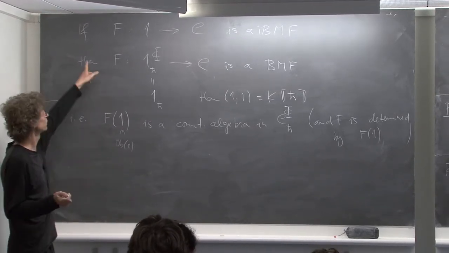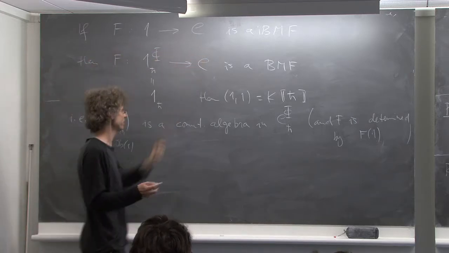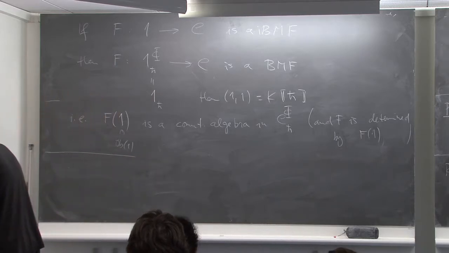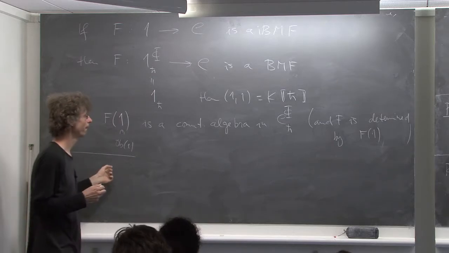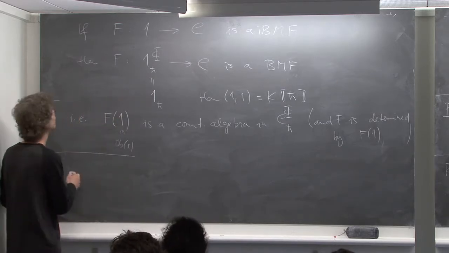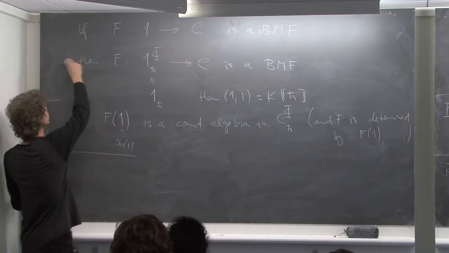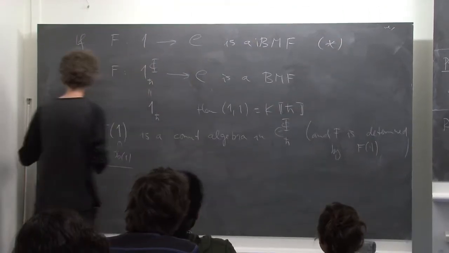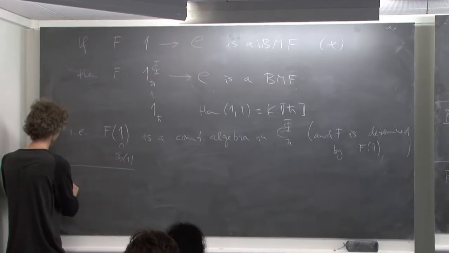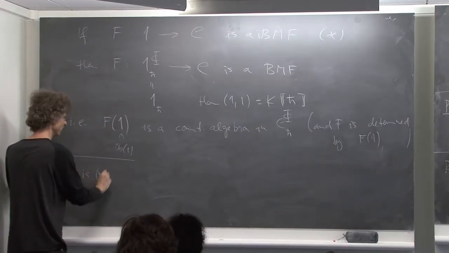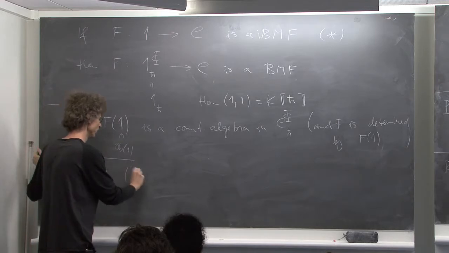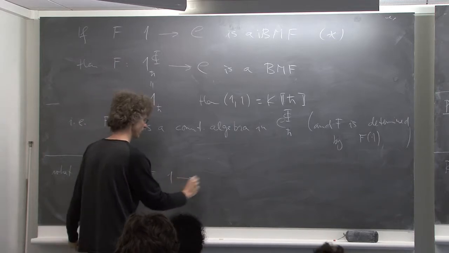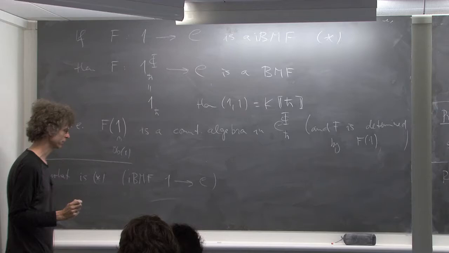So to that, we should understand what these things are. What does it mean that it is a braided, infinitesimally braided monoidal functor from this unit category to some infinitesimally braided monoidal category C?